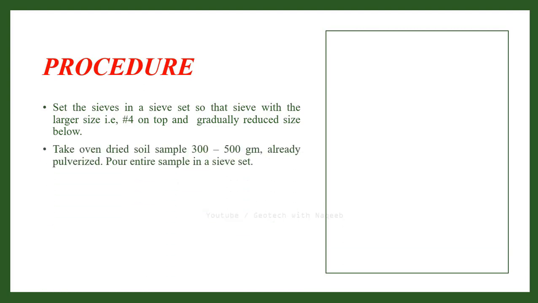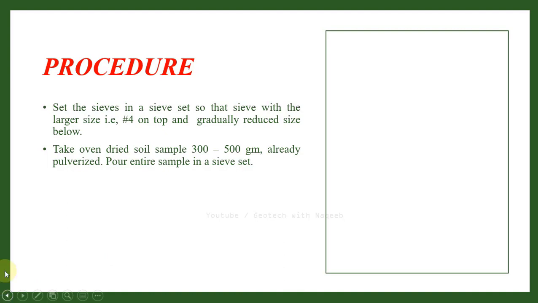In the next step, take an oven dried soil sample of 300 to 500 gram for fine type of soil. If your soil sample contains particles greater than 4.75 mm, usually gravel particles, then you will use a 1000 to 1500 gram soil sample.